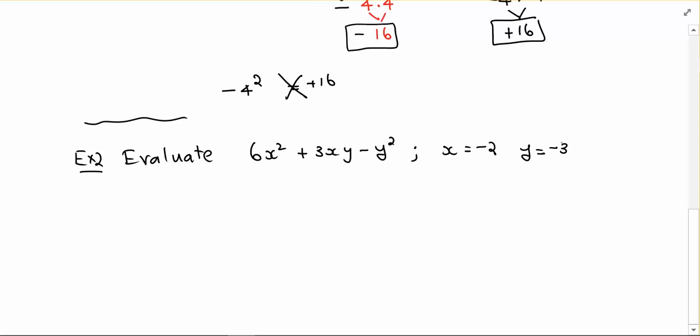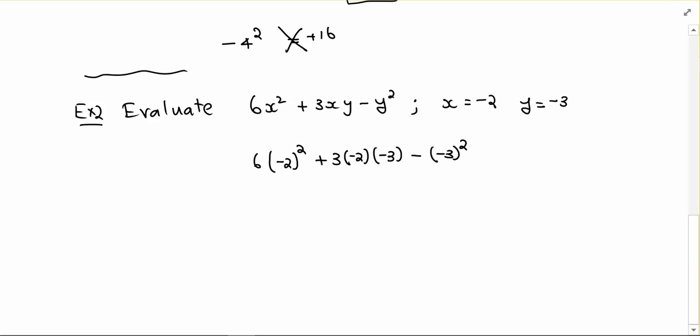So let's go ahead and put these numbers in, again using parentheses very carefully. In for x goes minus 2, and again in for x goes minus 2, and in for y goes minus 3, and in for y goes minus 3.